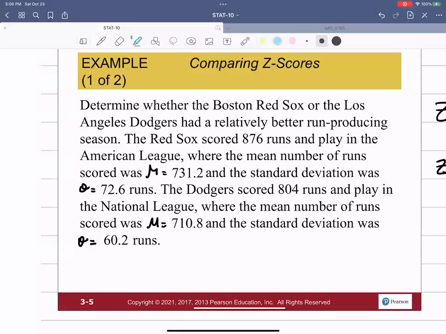To determine whether the Boston Red Sox or the Los Angeles Dodgers had a relatively better run producing season: the Red Sox scored 876, with a mean of 731.2 and a standard deviation of 72.6. The Dodgers scored 804 with a mean of 710.8 and a standard deviation of 60.2. We're going to work with these individually.